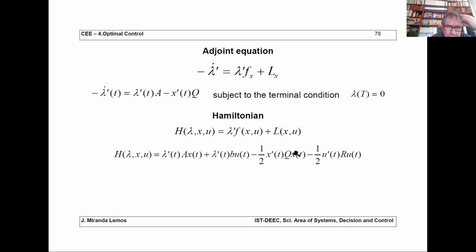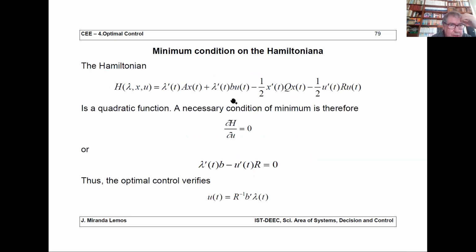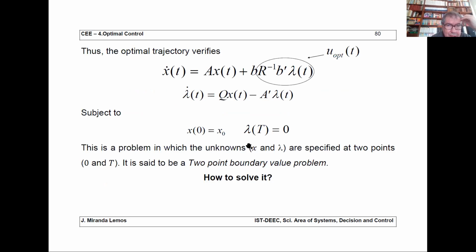In the Hamiltonian, we maximize the Hamiltonian, but this corresponds to minimizing the cost, because I have here a minus on the Lagrangian. So I get an expression for u, which is a feedback of the costate lambda. And so I place my expression for u here in the state model.